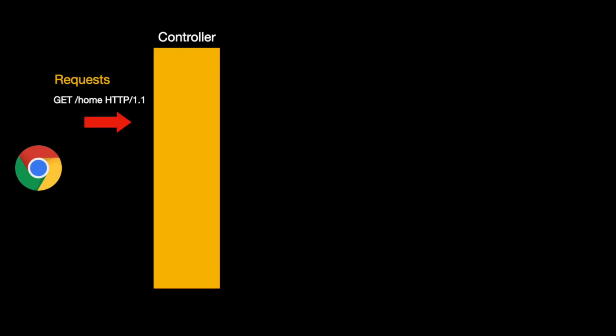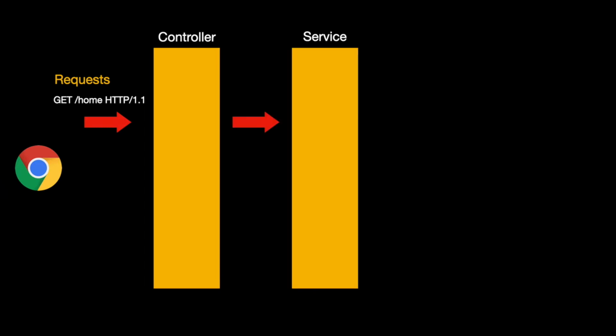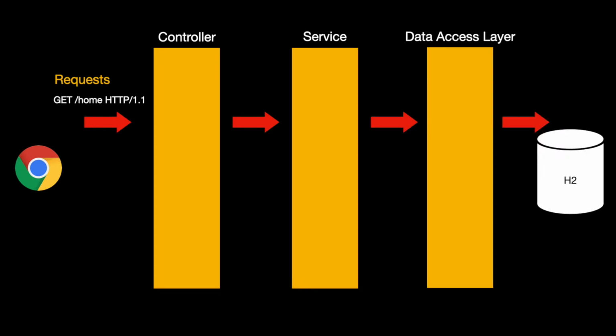Okay, so here's the flow of the requests. Browsers are going to call GET or POST requests, and the controller will receive the request and call the service to run the main business logic, and then the service will call the data access layer. In our case, we will have a MyBatis Mapper, and the MyBatis Mapper will call the database to get the data and map it into a Java object.